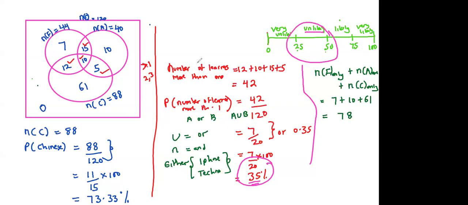Eric? Yes? In this case, I thought you're supposed to add the number of F and the number of A and the number of C, like 44 and 40 and 88. No, now here you need to understand the context and what either stands for. When they tell you F or A or C, that's when you use your union.